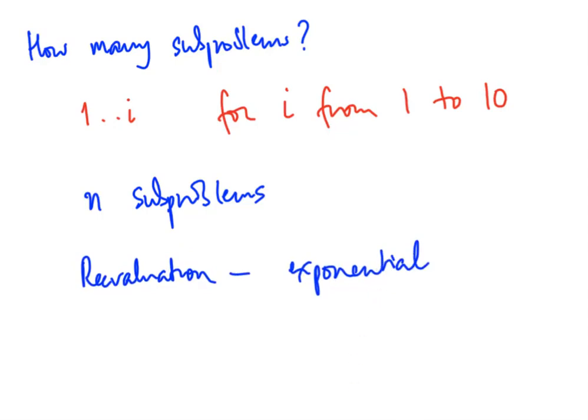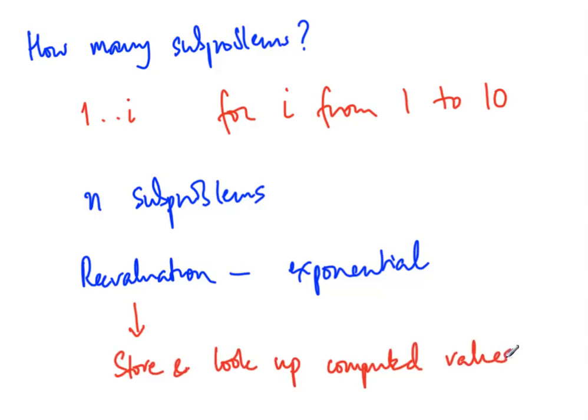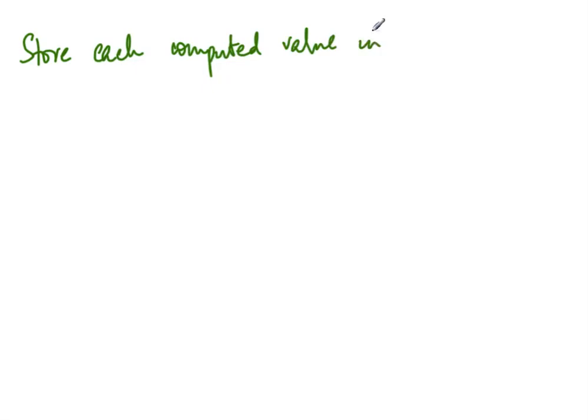So to avoid this re-evaluation, what we will do is we will store and look up computed values. So the strategy is to store each computed value in a table, okay?